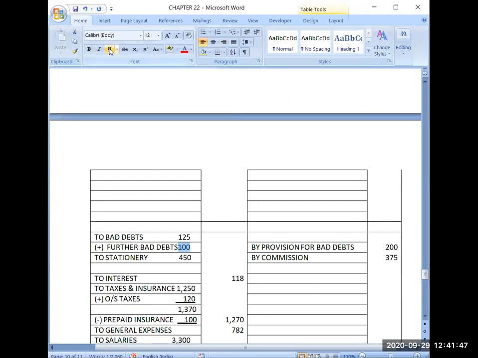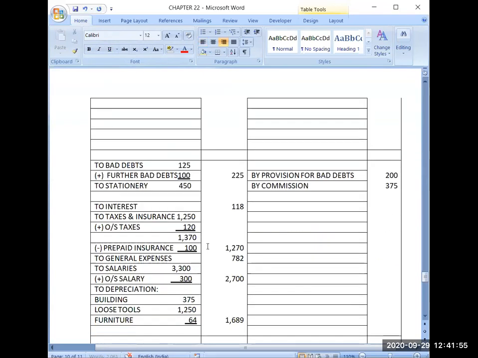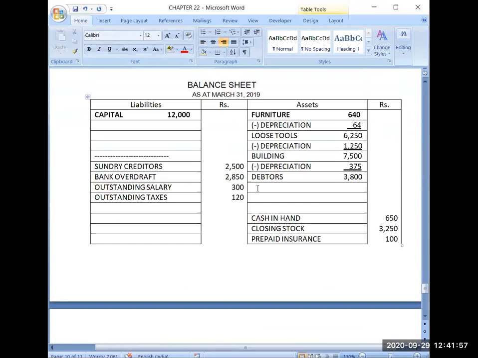Sometimes students do one more mistake that, like, suppose the total amount is 225 now. What they will do, they will subtract from the debtors rupees 225 instead of rupees 100. We have to adjust only and only rupees 100, not 125. Remember that, because it was in trial balance, that means it has already been accounted for.